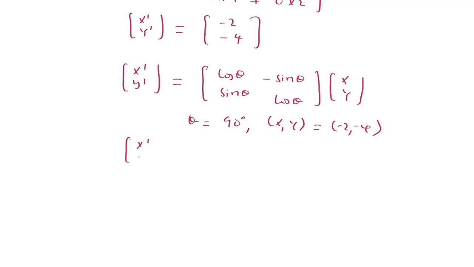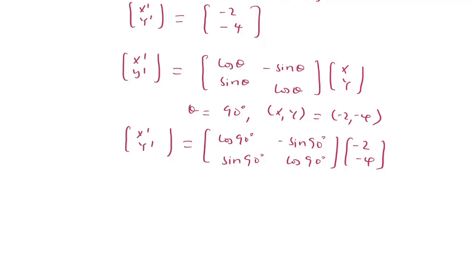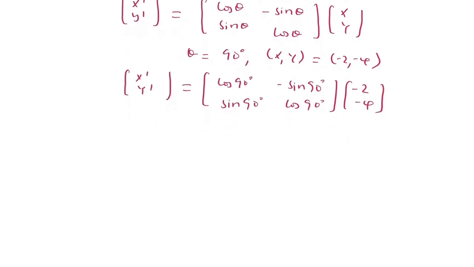[x image, y image] equals [cos 90 degrees, sin 90 degrees; -sin 90 degrees, cos 90 degrees] times matrix [-2, -4]. We have to recall that cos 90 degrees equals 0 and sin 90 degrees equals 1.